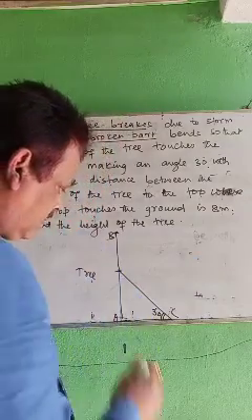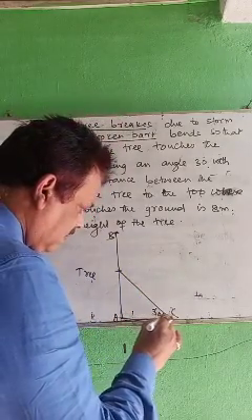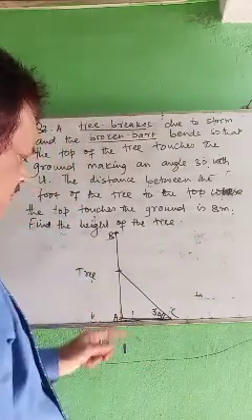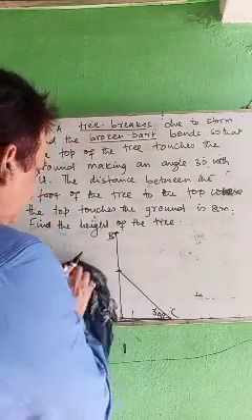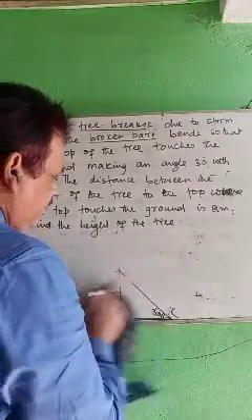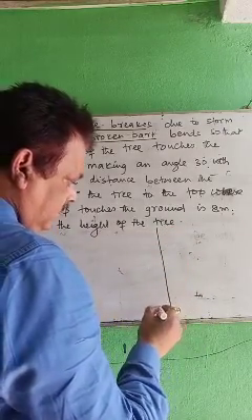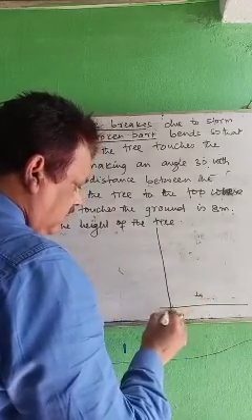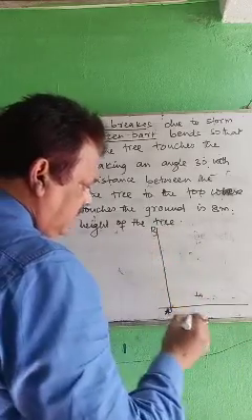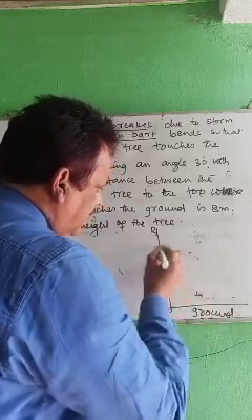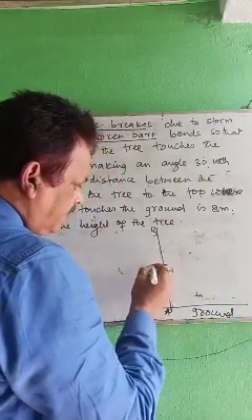So this is the ground. If I make it a little bigger, this was A, this is B, this is the ground. This part is broken.